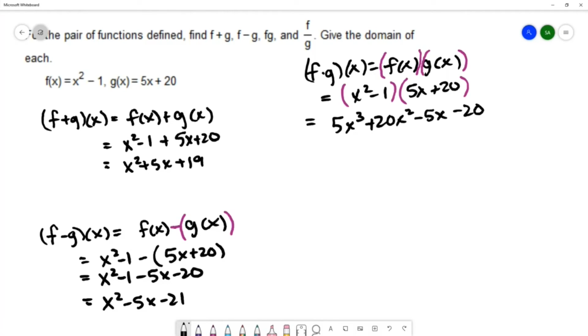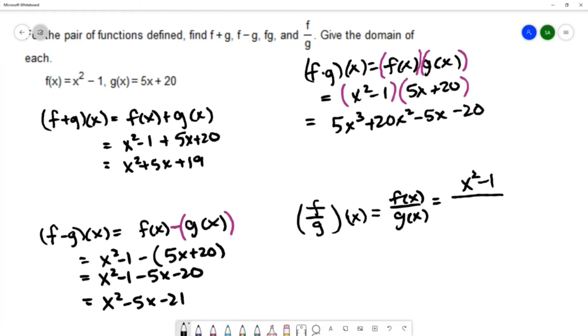So then finally, we're going to find f over g of x. So we're going to put f of x in the numerator and g of x in our denominator. f of x is x squared minus 1, and g of x is 5x plus 20. When we simplify these fractions, we want to make sure that we're reducing it to lowest terms, canceling out any common factors we might have.